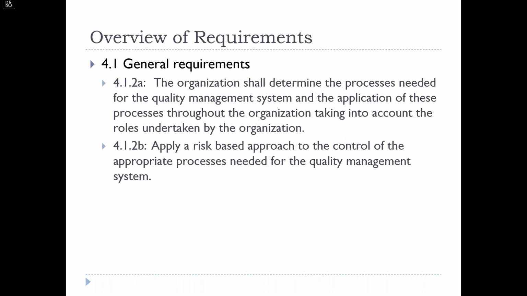And then apply a risk-based approach to the control of the appropriate processes needed for the quality management system. So you may have multiple manufacturing streams, some of which may be outsourced. Some may be riskier than others based on the class of the device, the newness of the manufacturing technology. You may be dedicating more resource or emphasis to those lines at any one particular point in time. Again, a risk-based approach.